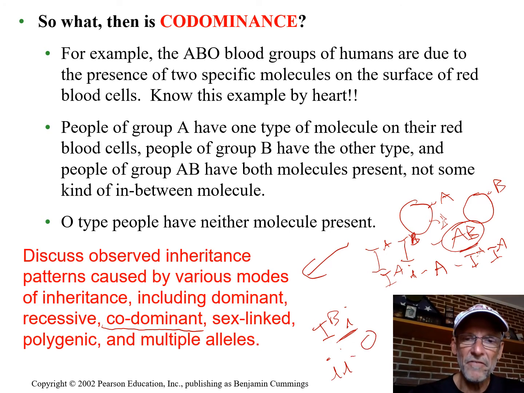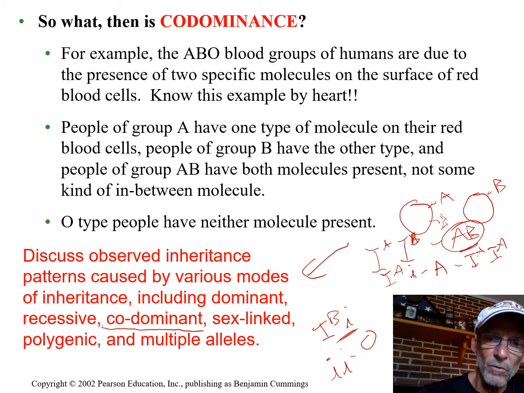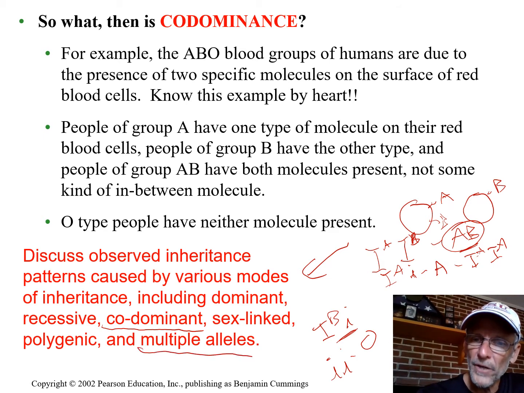And this is a favorite trait to ask heredity questions about, because it covers lots of bases, including this one. I'll say it while it's here. The fact that for this trait, and in fact this is more often true than not, but we haven't had a trait yet where this was true, there's not just two different kinds of genes.